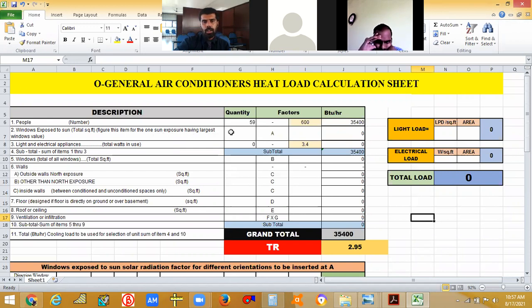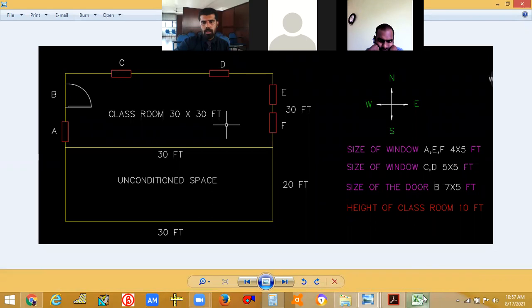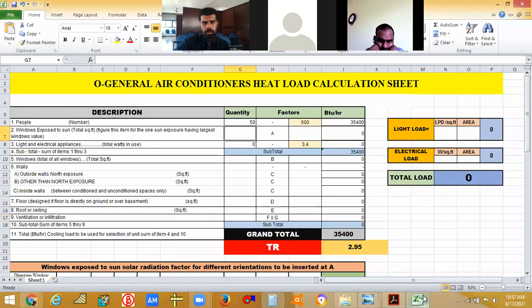So what will be the value that we are giving here? Windows exposed to sun, total square feet: give it as 25 square feet.